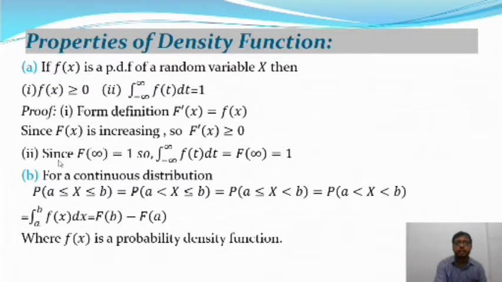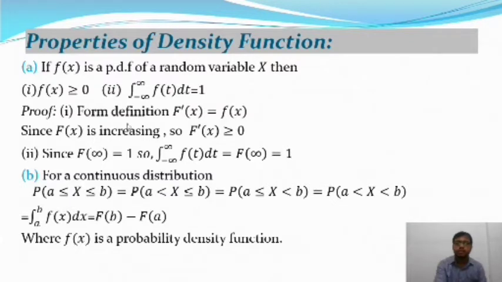And since F(infinity) is equal to 1, from the definition of the continuous distribution, the integration over minus infinity to plus infinity of f(t) dt is equal to F(infinity), which is a property of the distribution function that I mentioned in the previous class, F(infinity) equal to 1. So the integration over minus infinity to plus infinity of f(t) dt is equal to 1. These two are the fundamental properties of the probability density function.